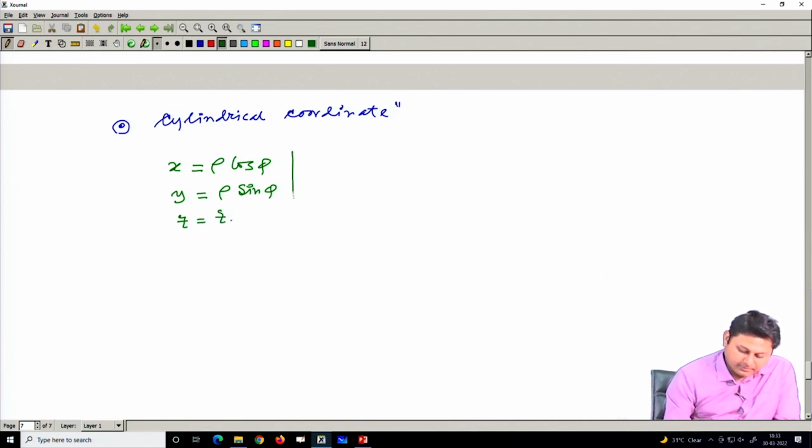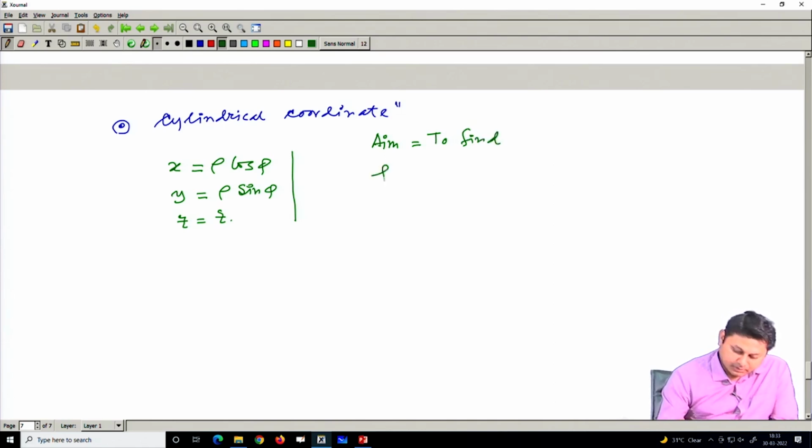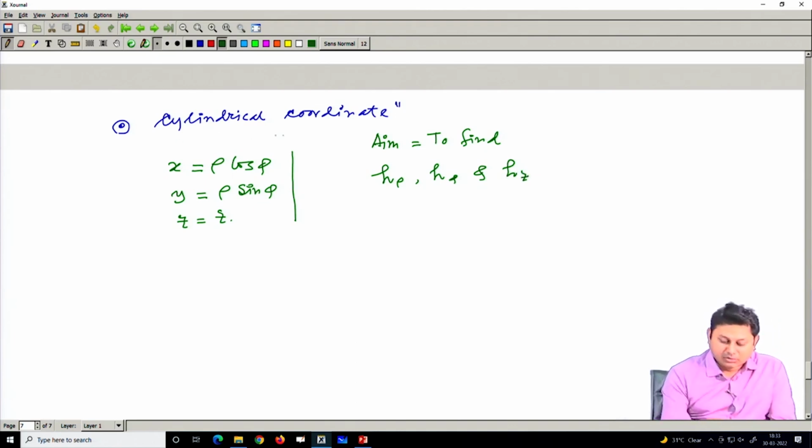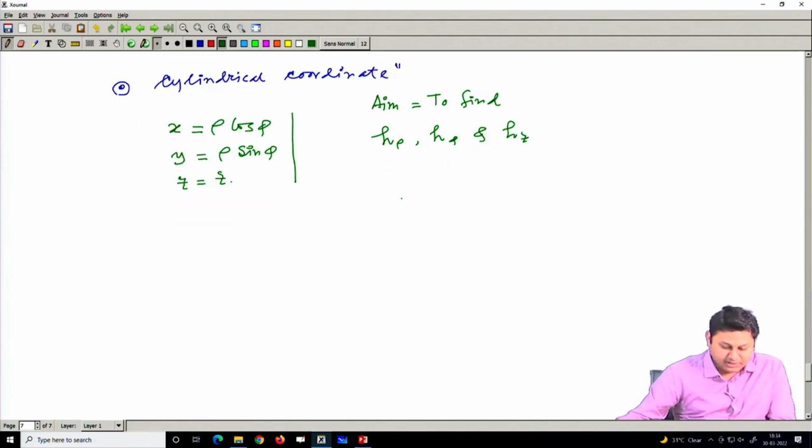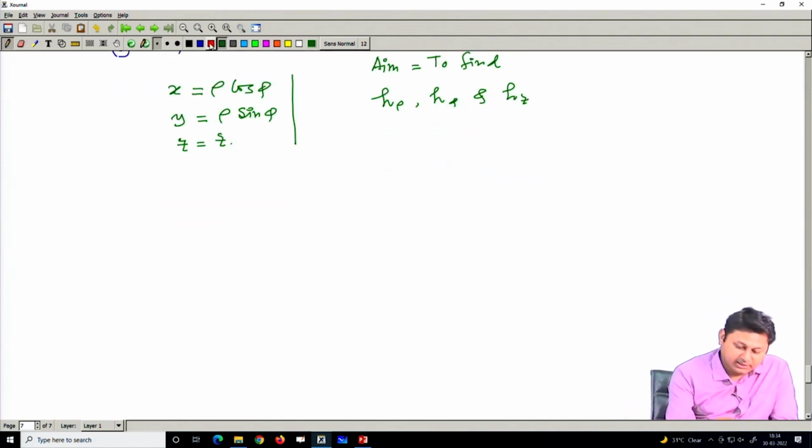What is my aim? To find H rho, H phi and H z. These are the scaling factors of the cylindrical coordinate system. This is my aim.